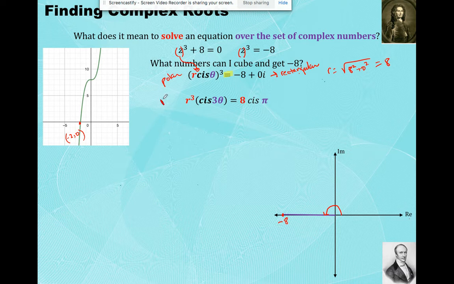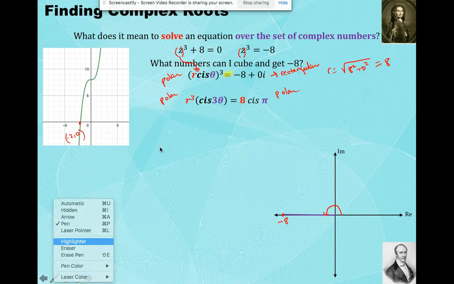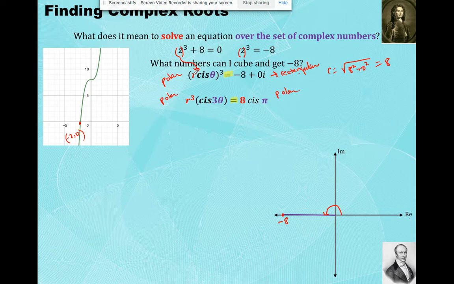So now I have polar on the left and polar on the right. I have an equal sign. Oh, hey. How did I get from r cis theta cubed to r cubed cis 3 theta? Oh, De Moivre, thanks. That's how I did it.